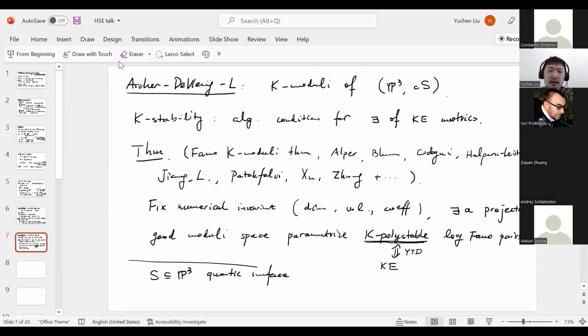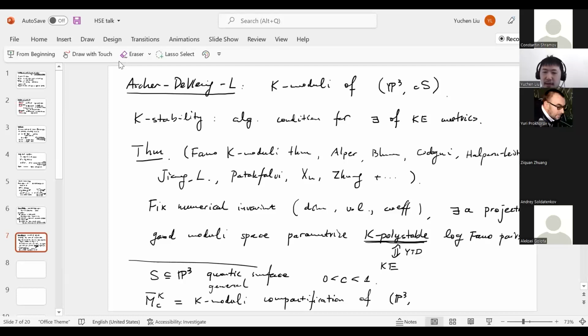So perhaps you can start from a general quartic surface, which is smooth, for instance. And now my c is a constant between 0 and 1, which is a rational number. And then I just denote this moduli space by M-bar-K-c. So this is the K-moduli compactification of (P^3, cS).